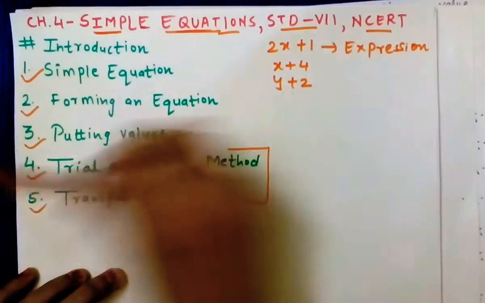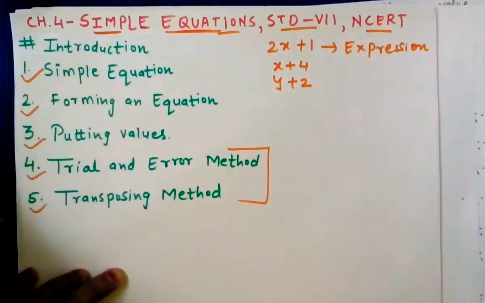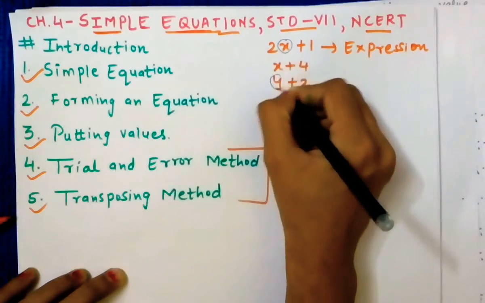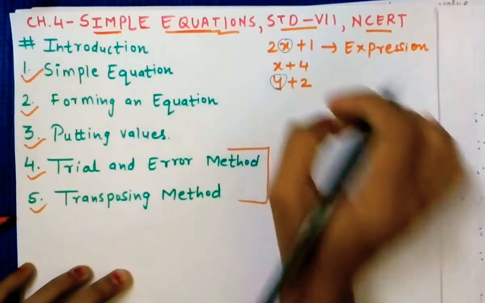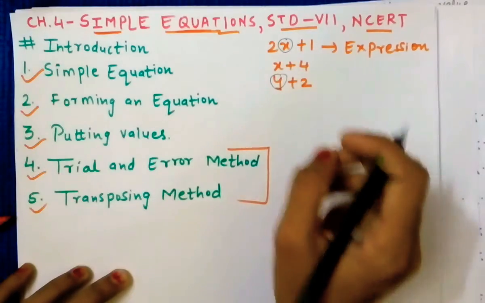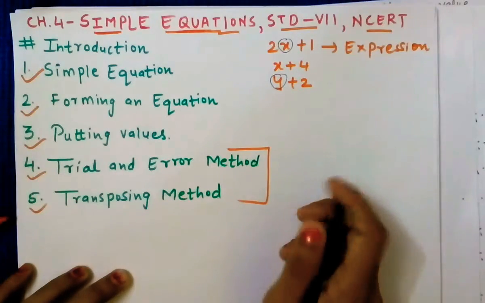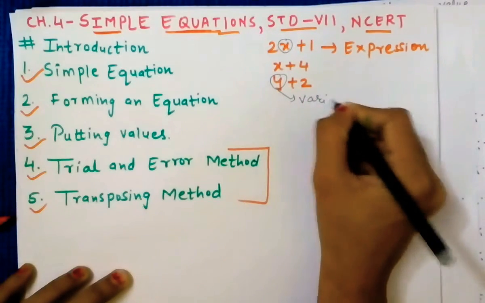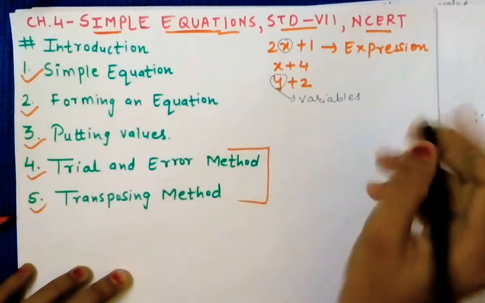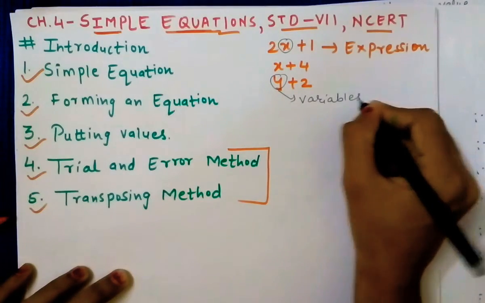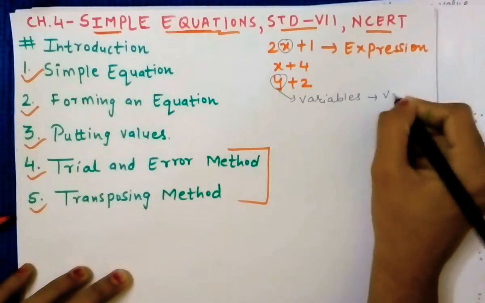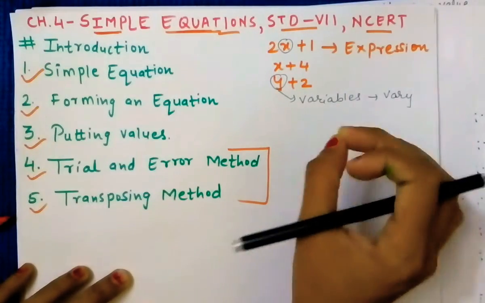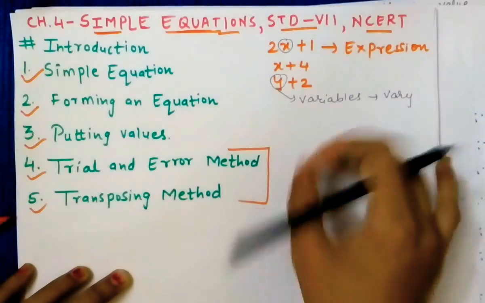Now in these expressions, this x and y that we have used, let us recall what these are. This x, y, z, all these alphabetical letters that we are using, they are called variables. Variable has come from the word vary, V-A-R-Y. Variable means something whose value is not fixed, or the thing which is unknown.